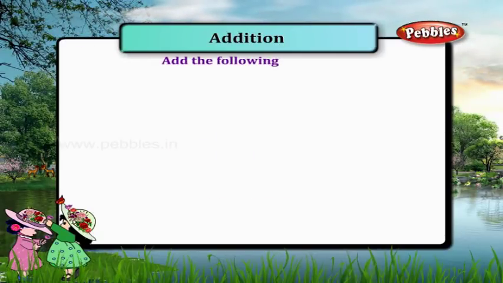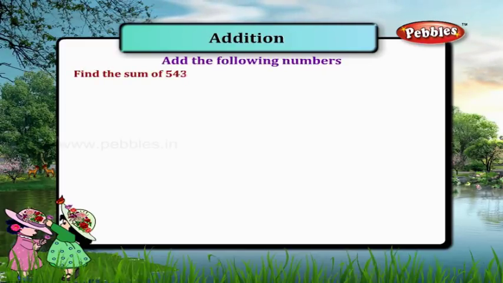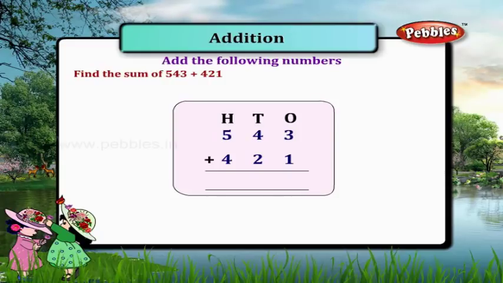Add the following numbers. Find the sum of 543 and 421. Add the ones. 1 plus 3 is equal to 4. Add the tens. 4 plus 2 is equal to 6.